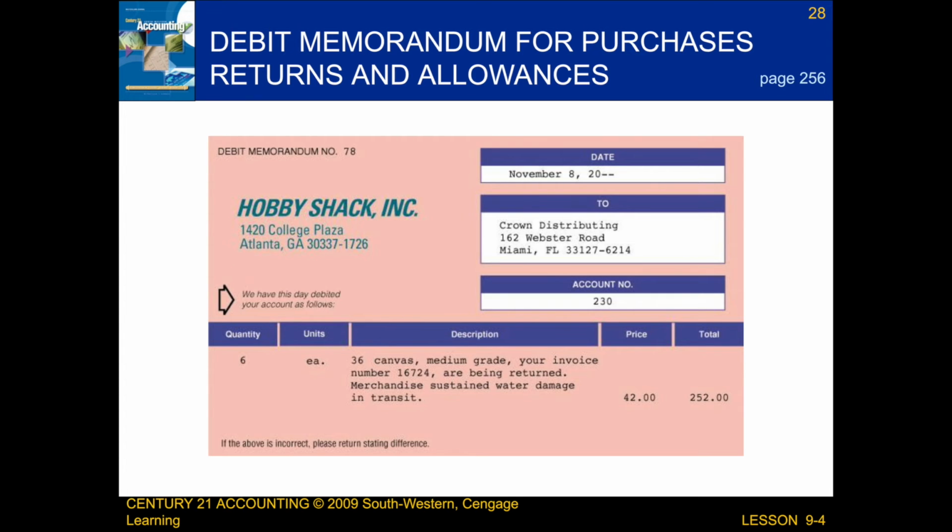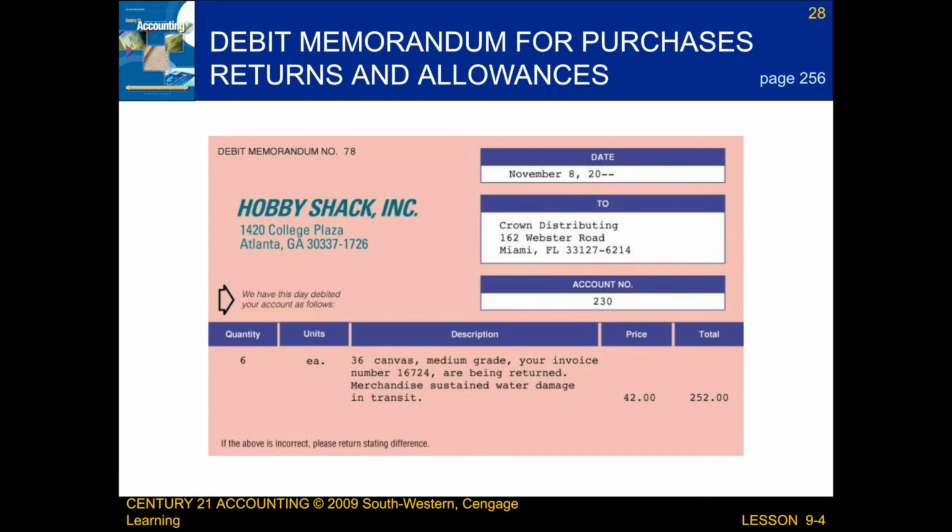Below all of that, we have the quantity, units, description, price, and total. The quantity is 6 units each. The description says that a 36-inch canvas along with a few other items are being returned because the merchandise sustained water damage in transit. The price is $42.